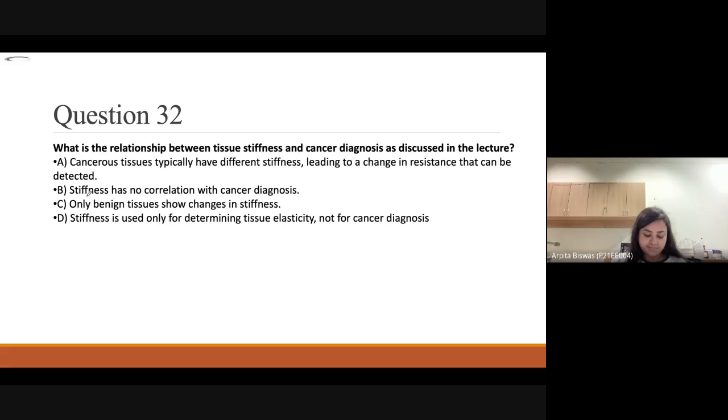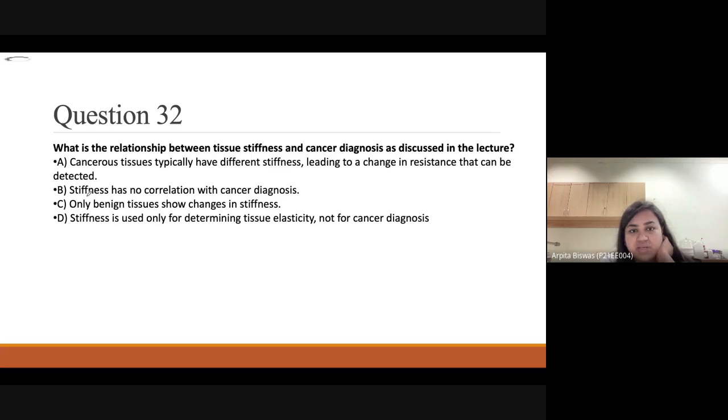Which one is the right answer? What is the relationship between tissue stiffness and cancer diagnosis as discussed in the lecture?